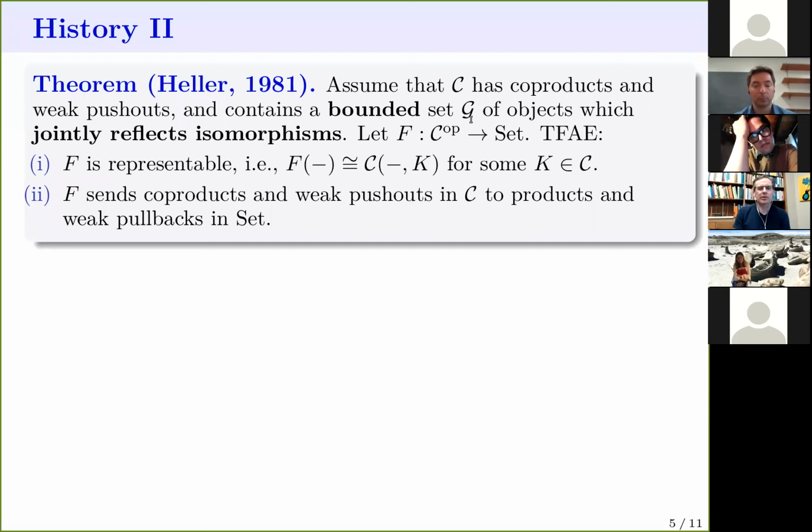It says that if you're in some category that has coproducts, weak pushouts, and contains a bounded set of objects which jointly reflects isomorphism, so I've used all these definitions on the previous slide, then if you have a contravariant set valued functor, it is representable, just in the usual sense, if and only if it does what such a representable functor would have to do, which is it sends coproducts to products, and it sends the weak pushouts in C to weak pullbacks in set. Okay. So that's a very nice theorem because it has very weak assumptions on the category C.